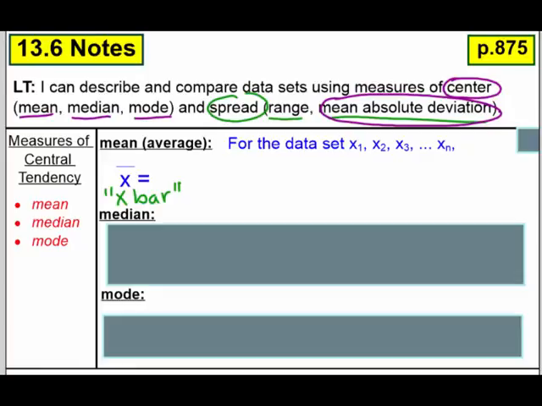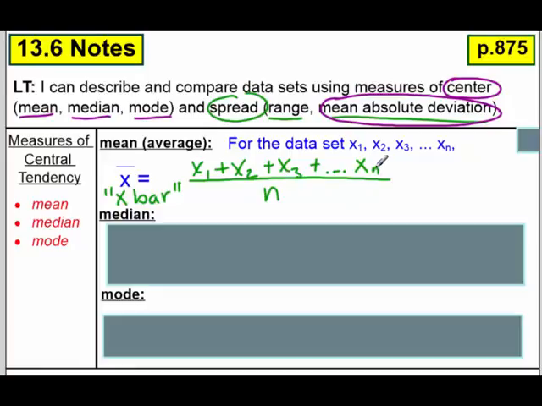So how do you calculate the average mean? You take all your data points, x1 plus x2 plus x3, all the way to plus xn, whatever your last x is. Then you divide by how many data pieces you added together.